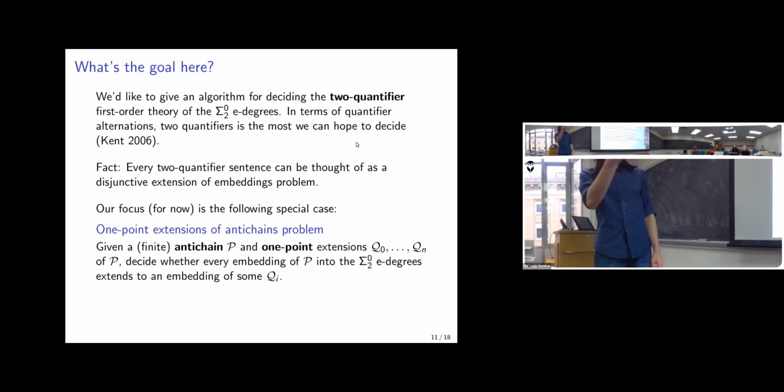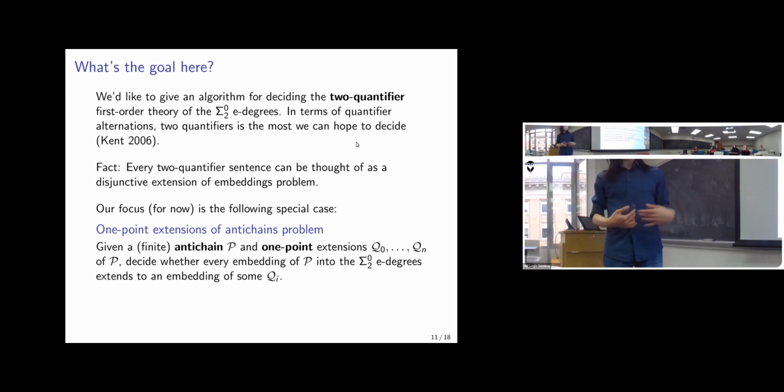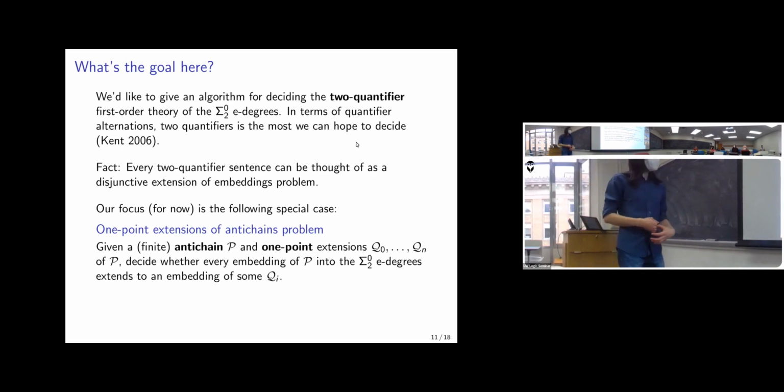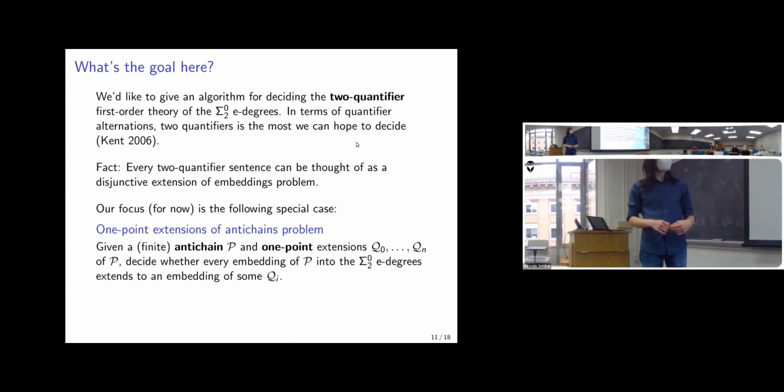Now the goal is, can we decide whether every embedding of P into the Sigma 2 E degrees extends to an embedding of one of the Qi? The previous results that I mentioned, Ahmad's theorem as well as our generalization of it, the existence of Ahmad pairs and the non-existence of Ahmad triples, all fall into this class of problems.